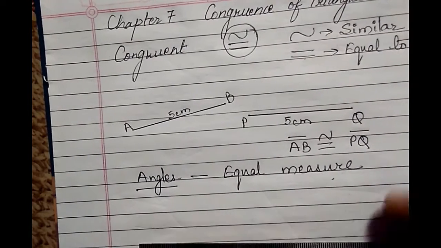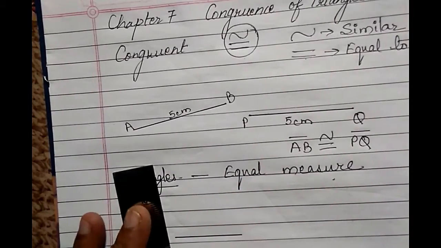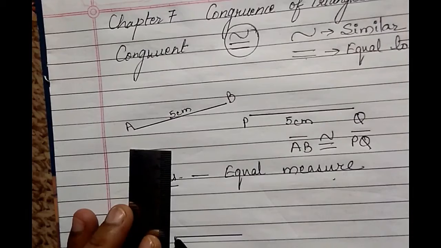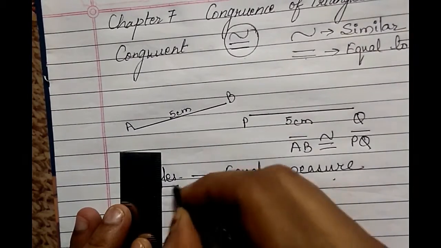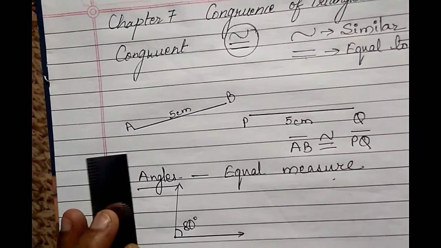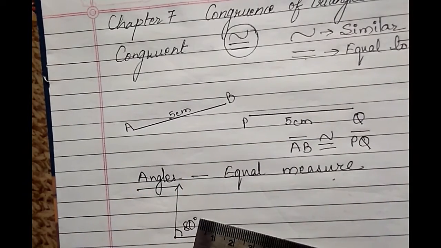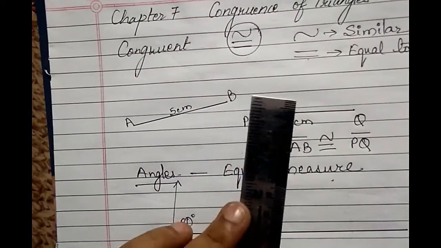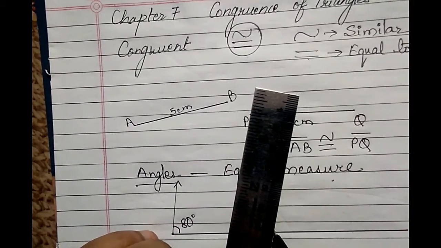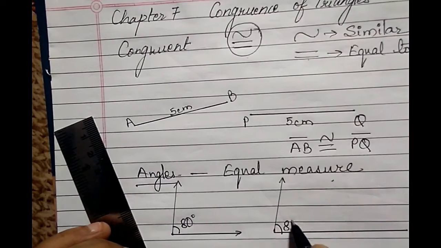Suppose I take any angle, and this is say 80 degree. We know that angles are made with two rays and rays do not have any fixed size. I take another angle, and this also represents 80 degree.